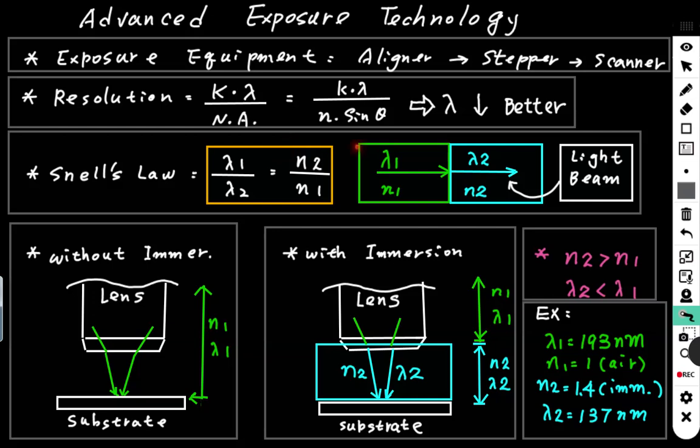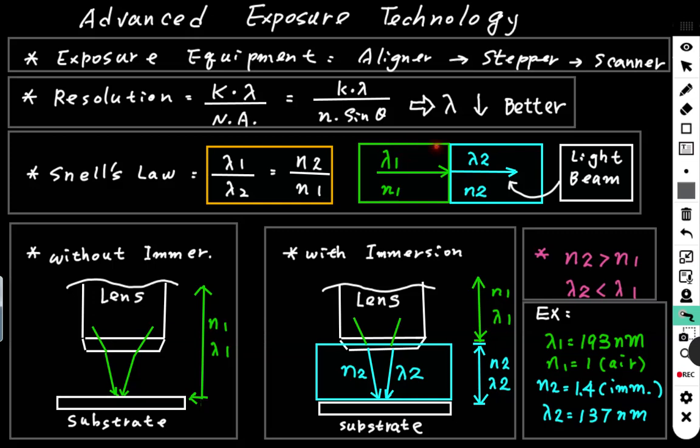It means that the light beam through material 1, the N1 means its material's refractive index, and lambda 1 is the light beam wavelength.